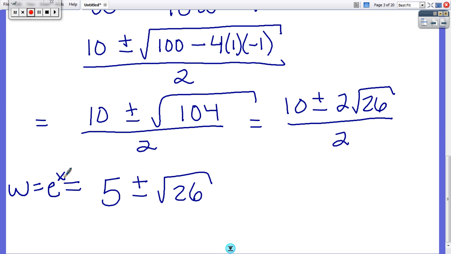And since we know that e to the x is never going to be negative, it can never be a negative value, that means we can reject one of these. The one that's going to be negative is if I subtract 5 minus the square root of 26, because the square root of 26 is a little more than 5, so it'll make that negative. So actually, my only answer is going to be 5 plus the square root of 26.